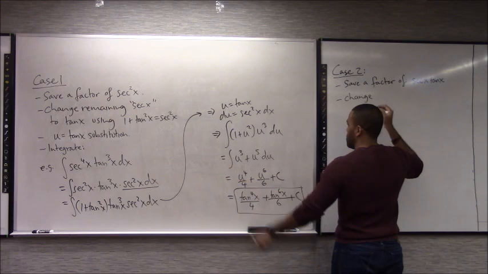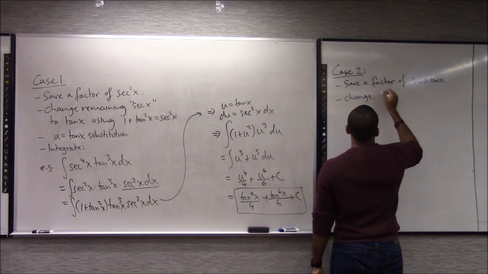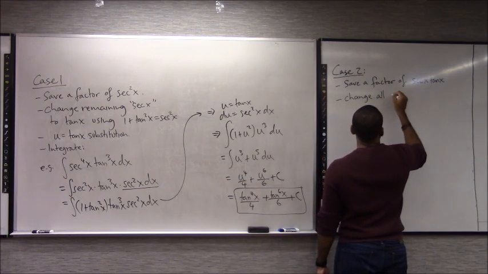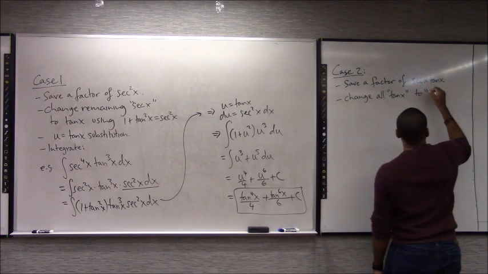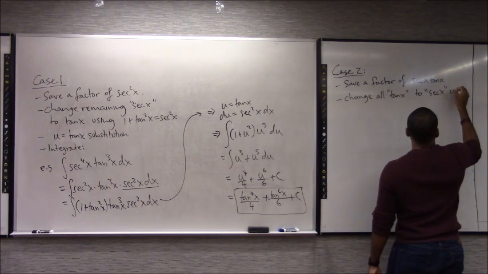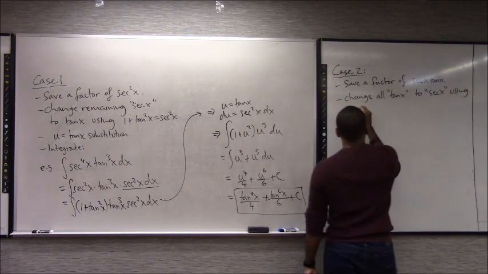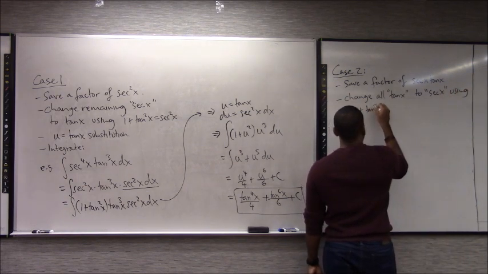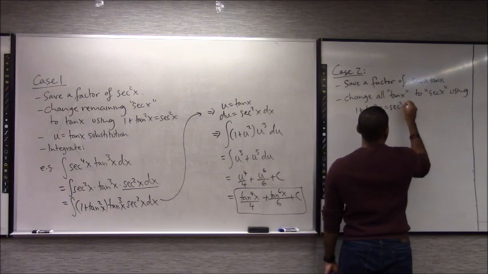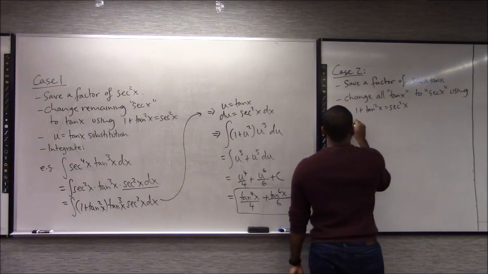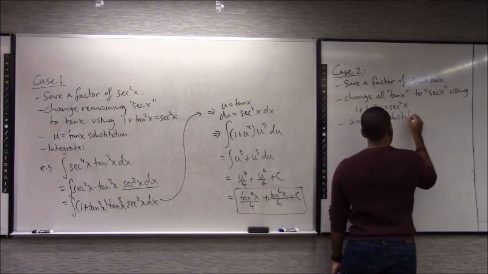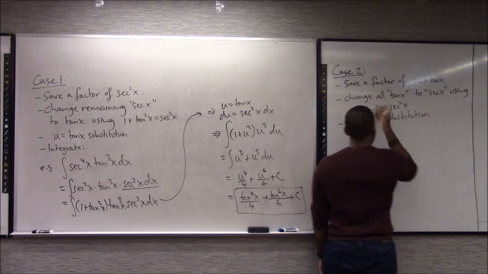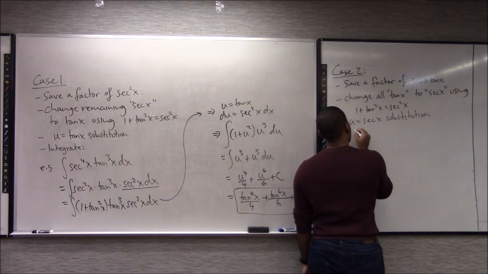But I'll manipulate this a little bit more. Change all tangent x to the secant x using that identity, 1 plus tangent squared equals secant squared. Do a u equals secant x substitution, or t equals secant, whatever you want to do. And then you are going to just integrate.